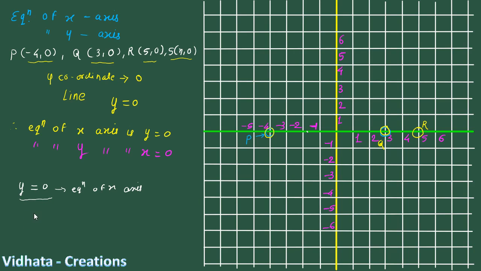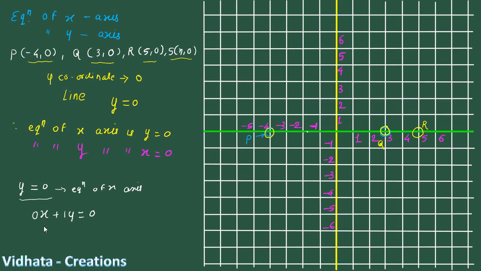I will write it as 0x plus 1y is equal to 0. 0 into x will be 0 and 1y means y, so like this I get y is equal to 0.